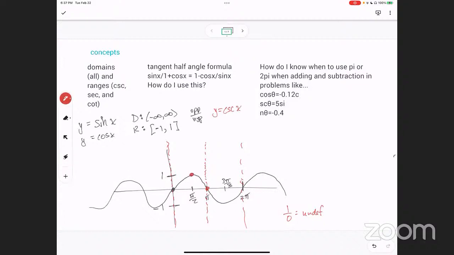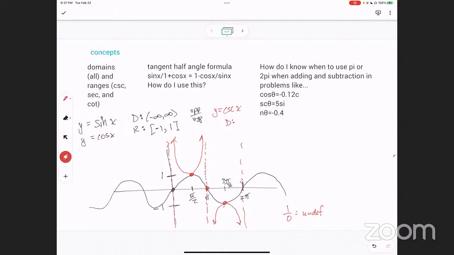And what's the reciprocal of these points that are close to 0? As it gets closer to 0, like let's say 1 over 1,000 right here, it's really close to 0. What's the reciprocal of 1 over 1,000? 1,000. So it's doing this, and it's doing this. So what's the domain of the cosecant graph?